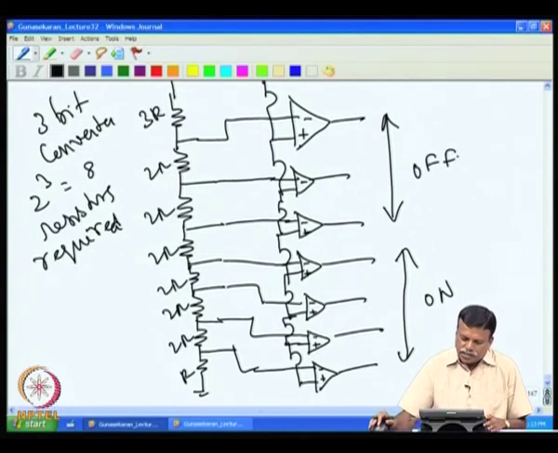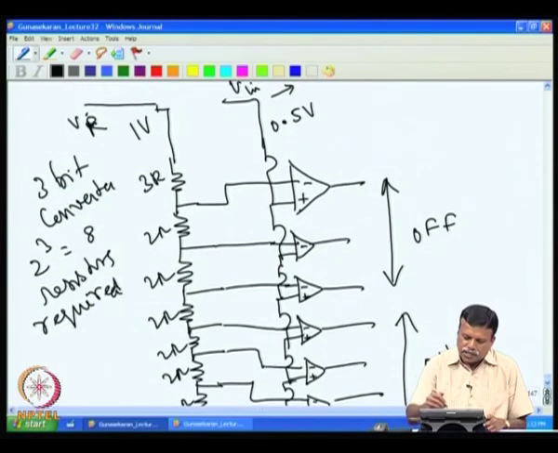So, when the input increases by 1 LSB, we will see that the next comparator also comes on, then with a further increase in voltage, the next comparator comes on, and so on.